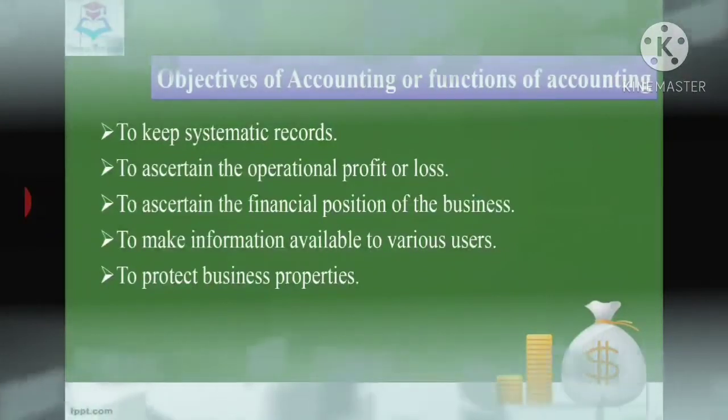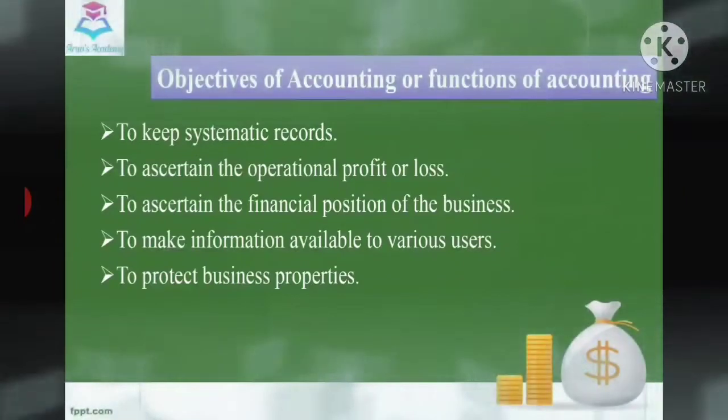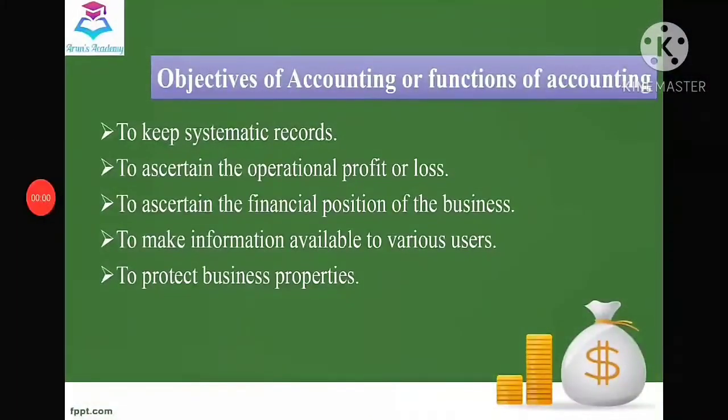While preparing the balance sheet, the organization knows the financial position of the business. Next, fourthly, to make information available to various users. The fourth objective of accounting is to make information available to various users.